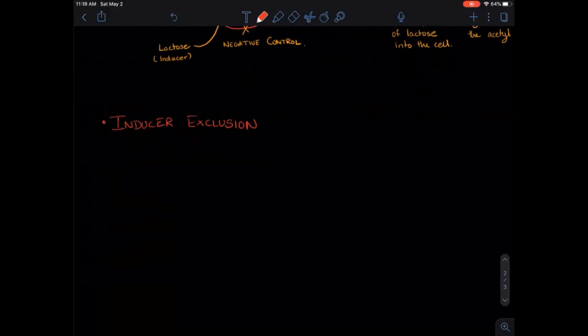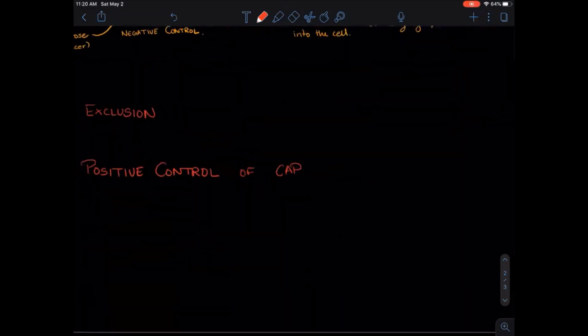The second mechanism that is proposed is under positive control, control of CAP, which is catabolite activator protein.